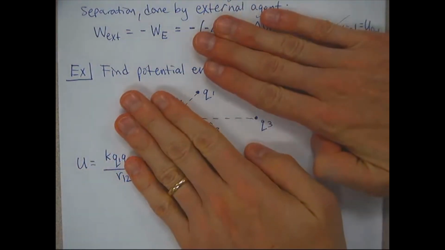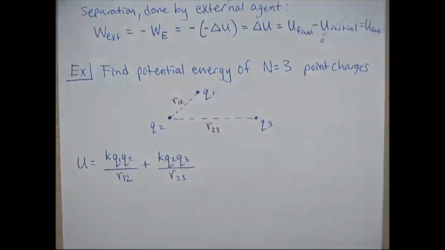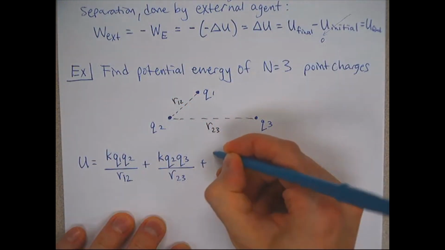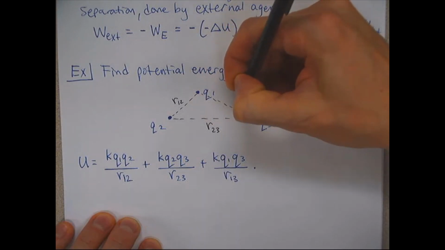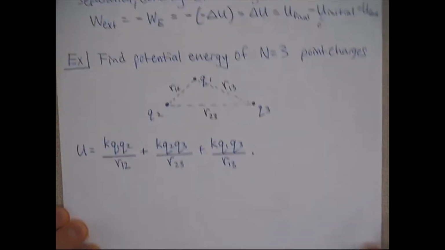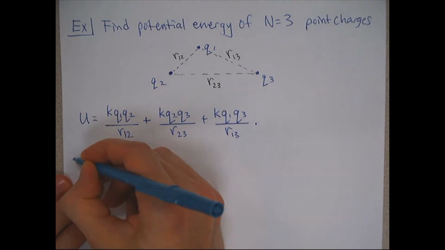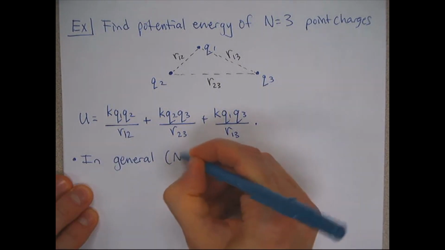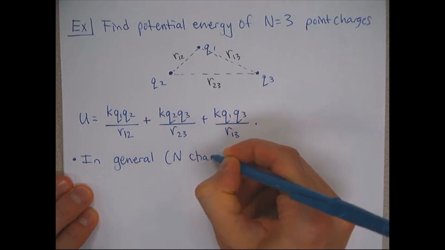And then I consider the final unique pair of that trio, which is Q1 and Q3, where the distance r13 is here.